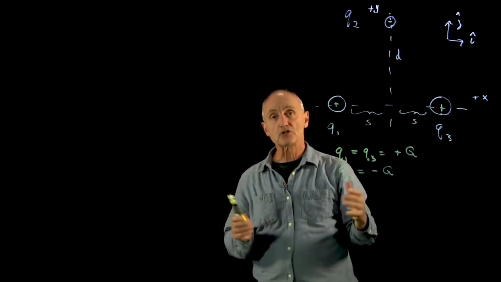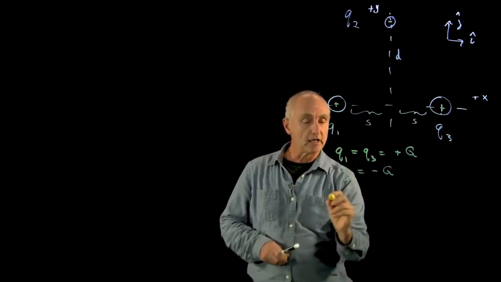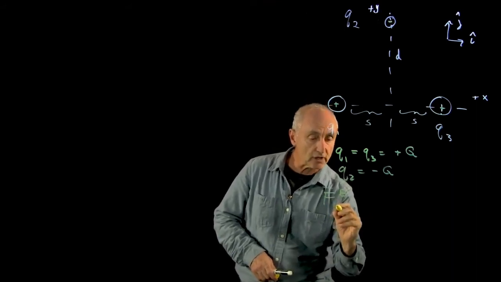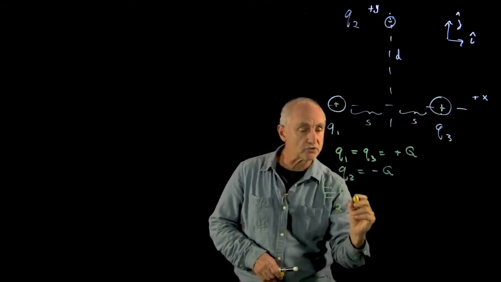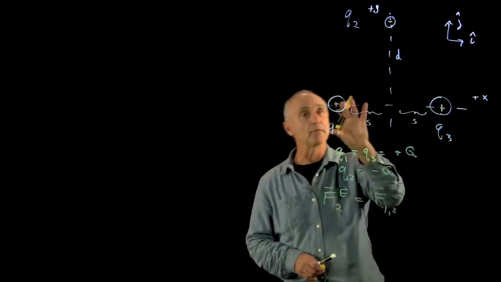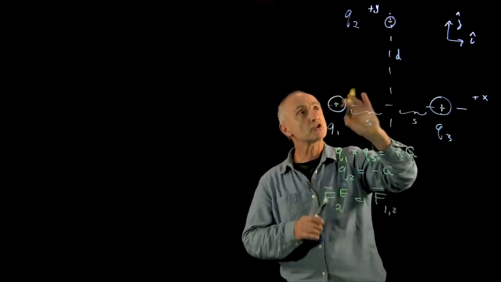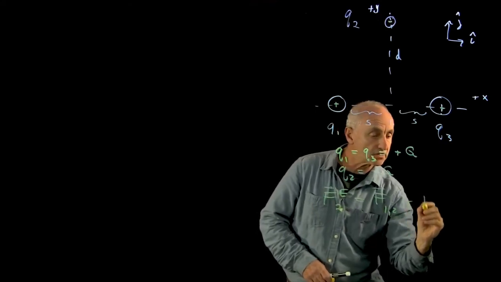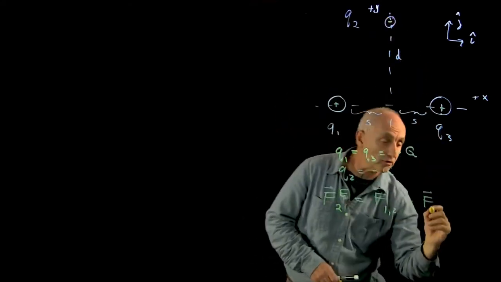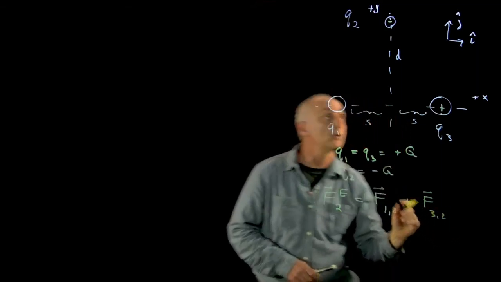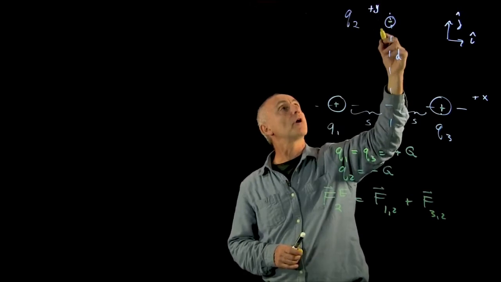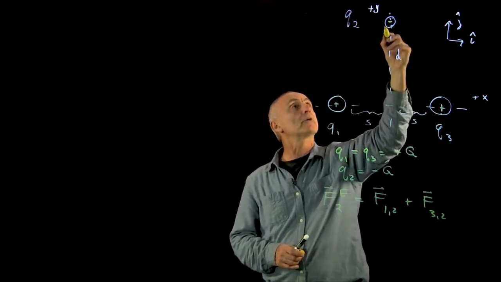First off, let's just do this in terms of our expression. We want the electric force on object 2. This is the total force by the superposition principle. It's the sum of the force due to this interaction, adding to the vector force due to that interaction. Now, if we look at these vectors, because these charges are opposite, they attract.